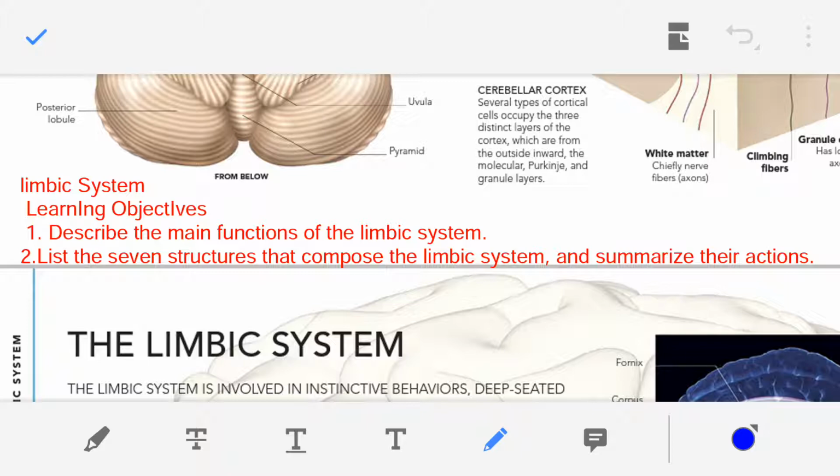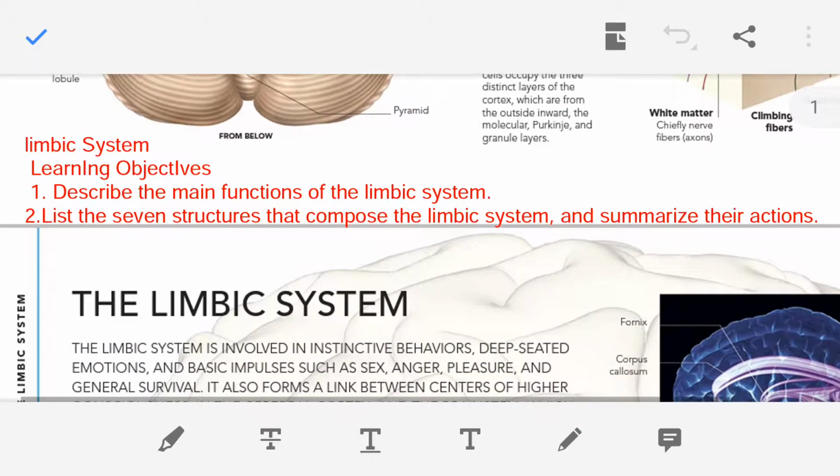Learning objectives of this lecture, what we are going to discuss. In this lecture, we are going to discuss the main functions of the limbic system, what role the limbic system and the components of the limbic system are playing in our body.